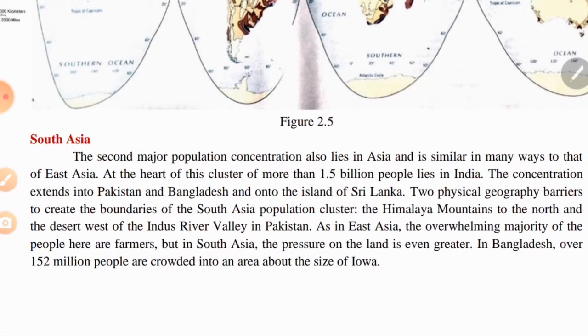Kung sa East Asia, majority of them are farmers. In South Asia naman, the pressure on the land is even greater, and in Bangladesh, over 152 million people are crowded into an area about the size of Iowa.